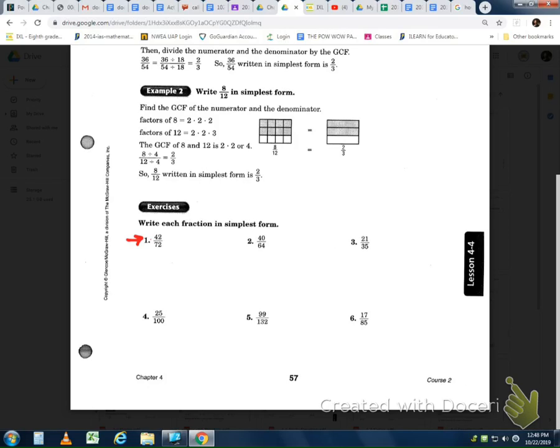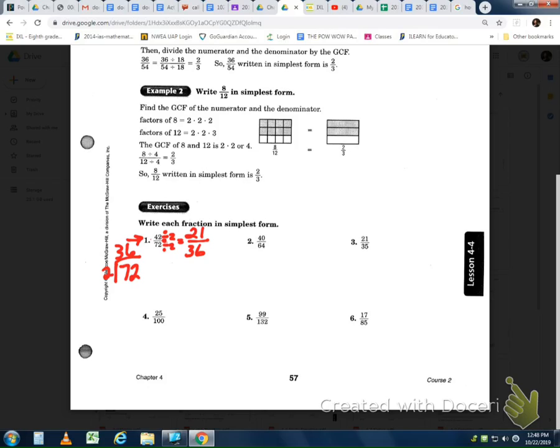If I divide both top and bottom by 2, what's 42 divided by 2? 21. What's half of 72? 36. Now, if you do it this way, chances are you're not going to be done yet.